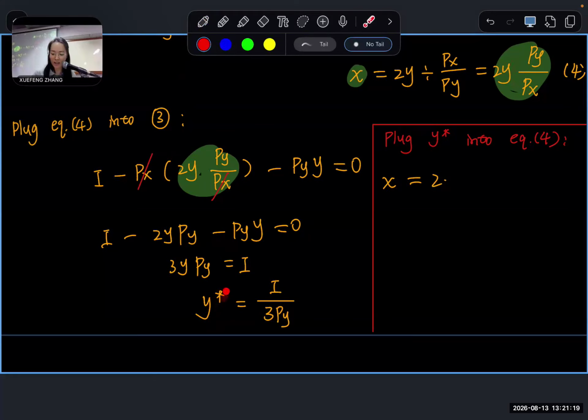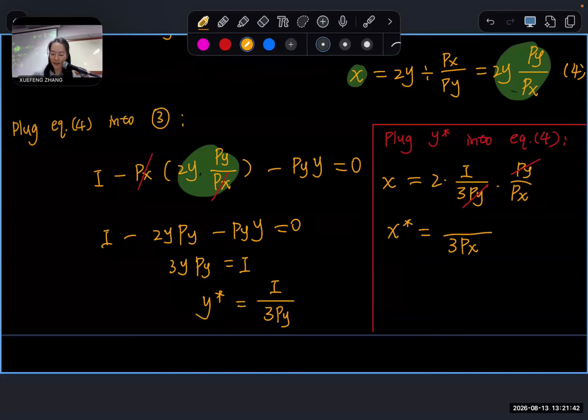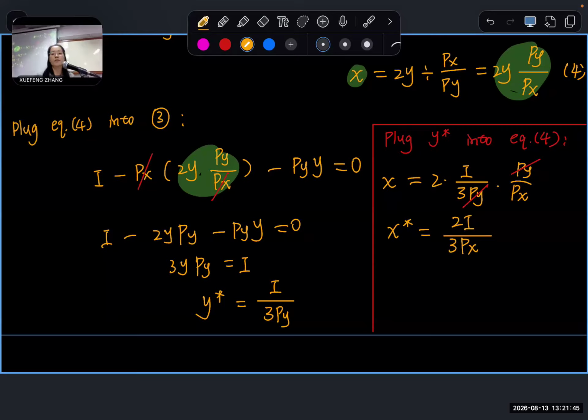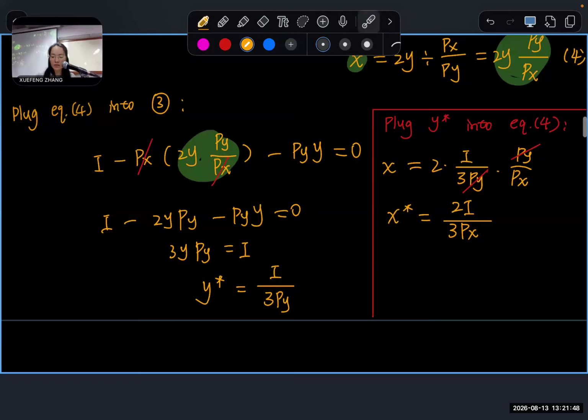You need to plug in y star, which is I over 3py, times px over py, right? So let's cancel out something. We can cancel out py here. So what is x star? 2I over 3px. Okay, so x star is the Marshallian demand for good x, 2I over 3px, and y star equal I over 3py.